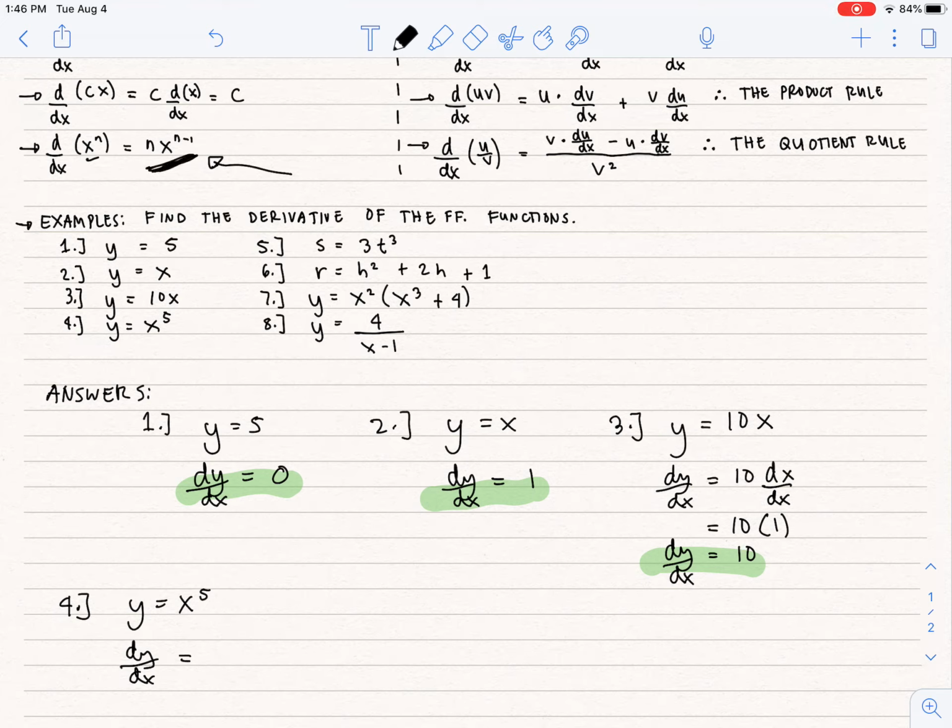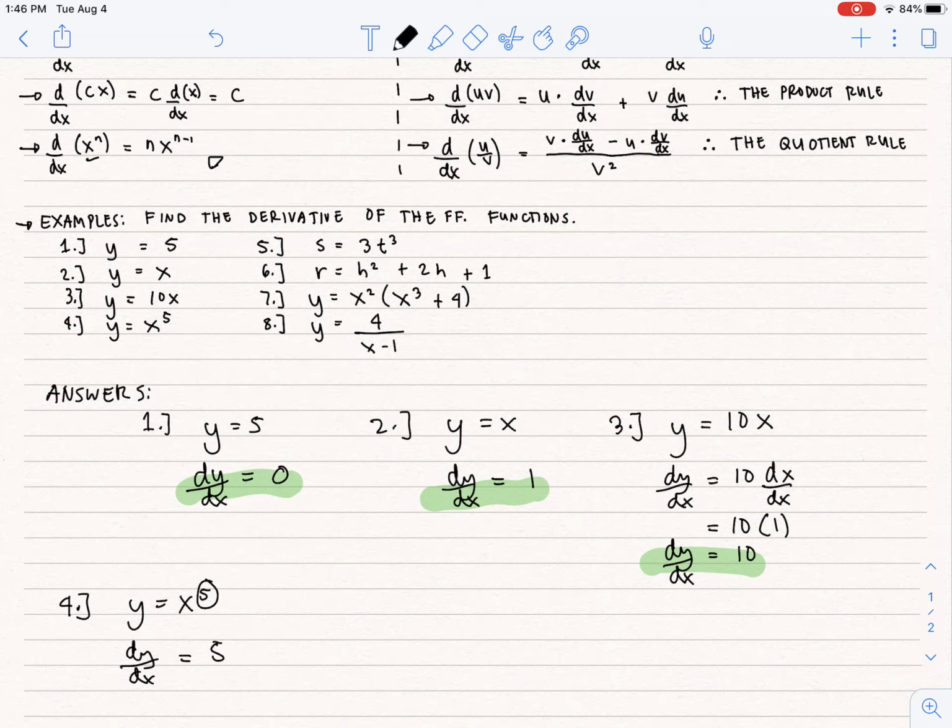So let's focus on the formula, okay? In the formula, we put the n. n here is the exponent. So n here is 5. n here is 5. So in our example, n is 5, right?